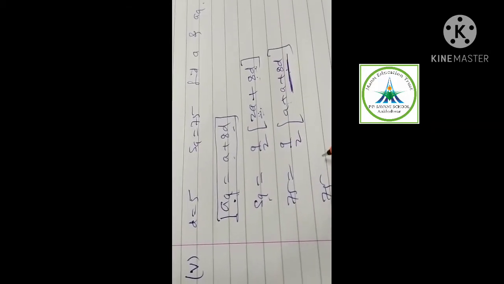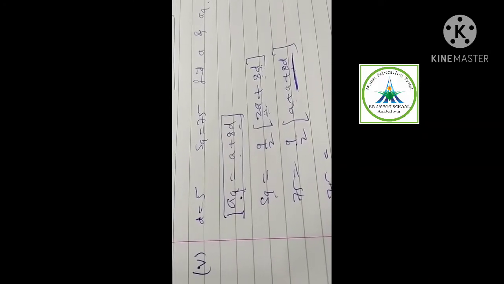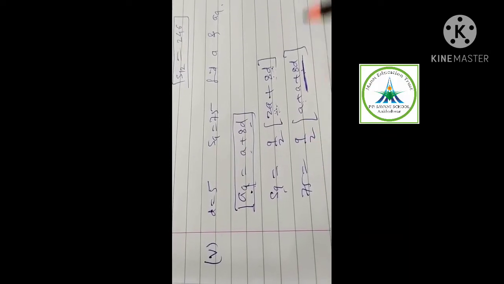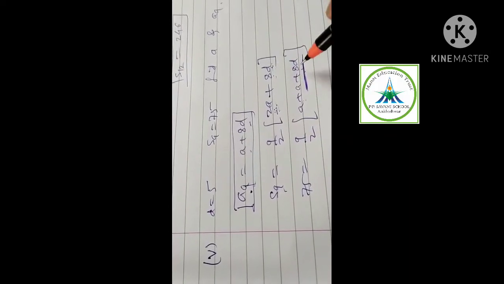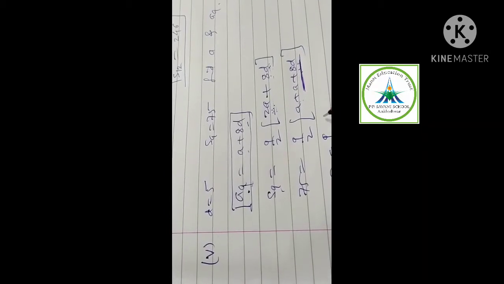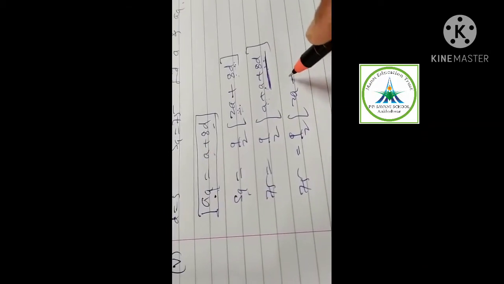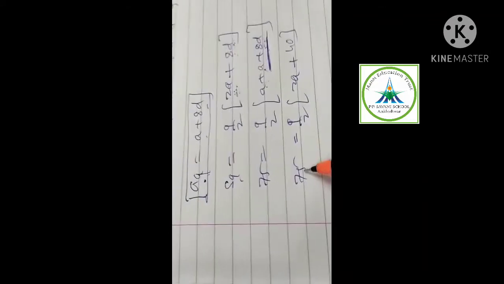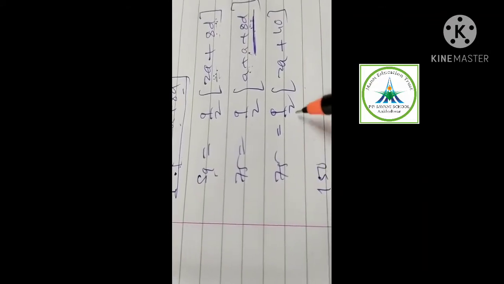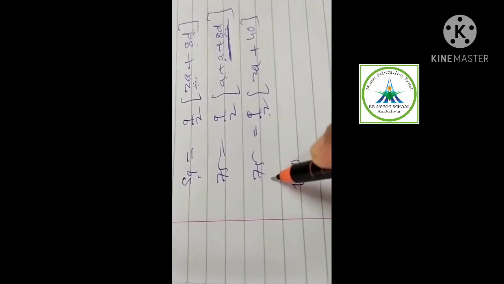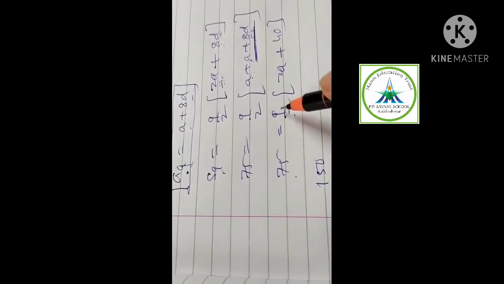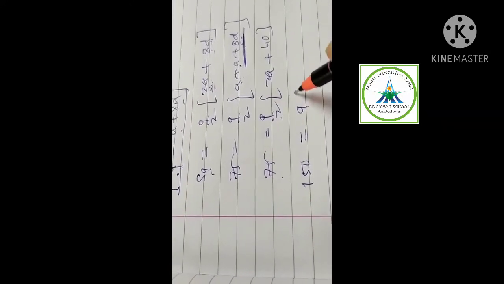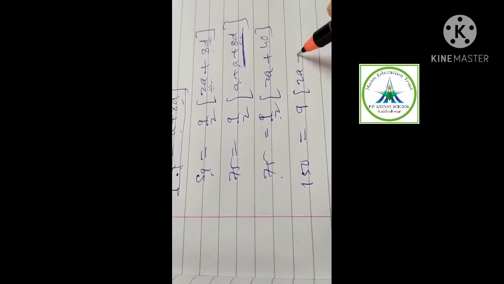75. Now we will put the value of D. See, 9 upon 2 bracket, a plus 8 times 5 is 40. Cross multiplication: 150, the 2 comes this side, so 75 times 2 is 150, equal to 9 multiplied by 2a plus 40.